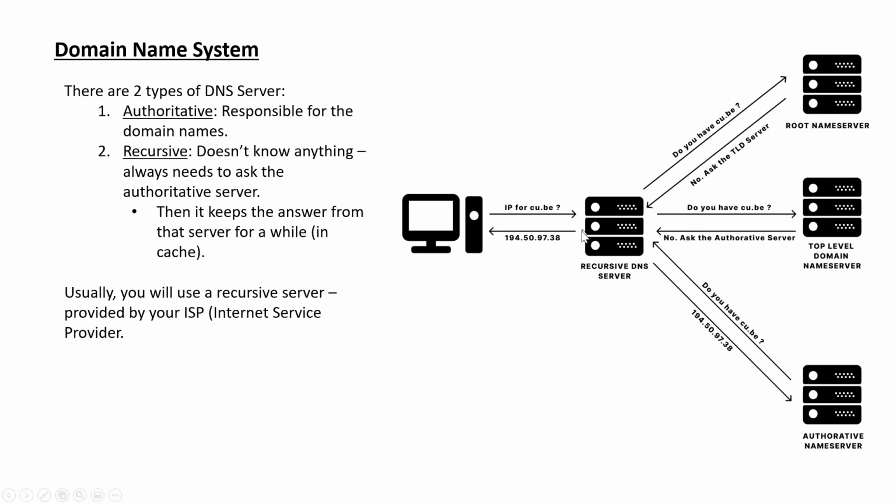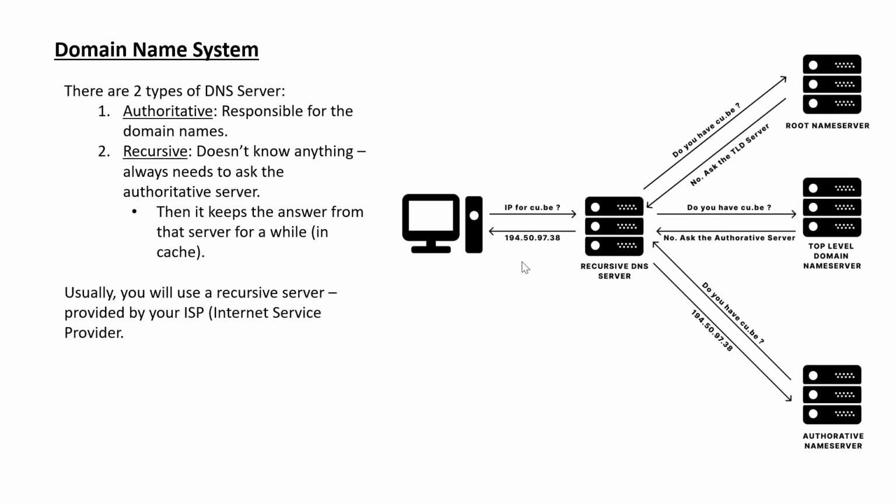Just to quickly go through what they do: the authoritative server is responsible for the domain names. All of the domain names and their correlated IP addresses are within the authoritative name server. That's where they live.